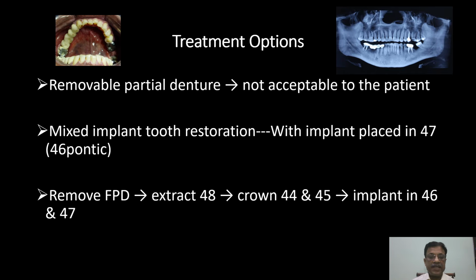And next is that we give 44 and 45 PFM crowns separately, and then place implants in the 46 and 47 region. So it will be separate. There is no connection between the natural tooth and the implant.